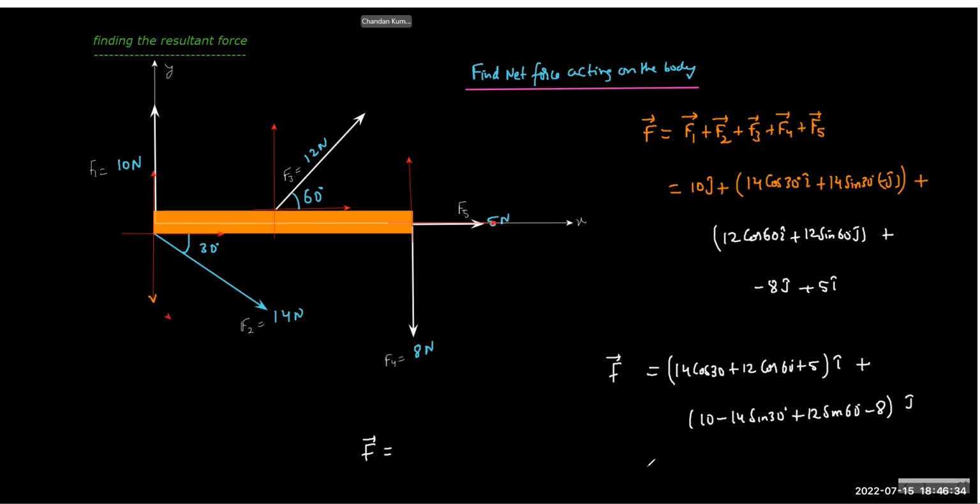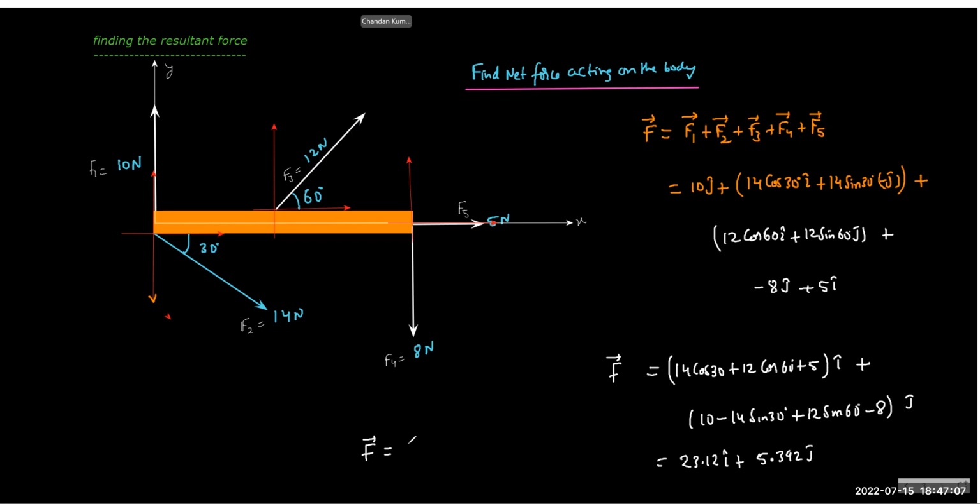So I'm getting the i cap as 23.12, right? And how much j did you say? 5.392. Correct.